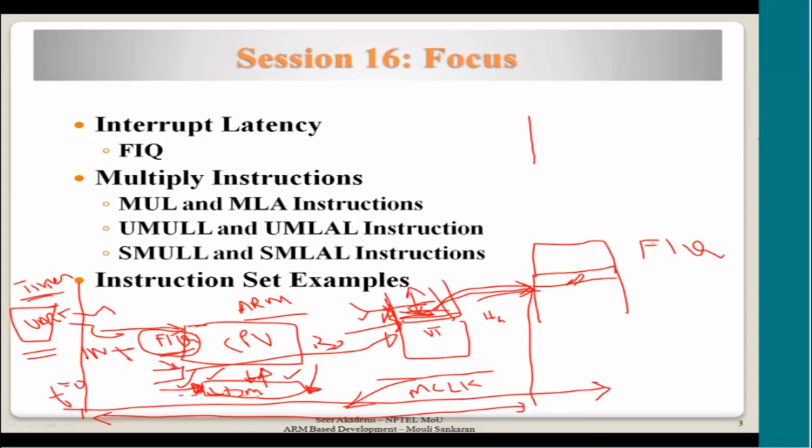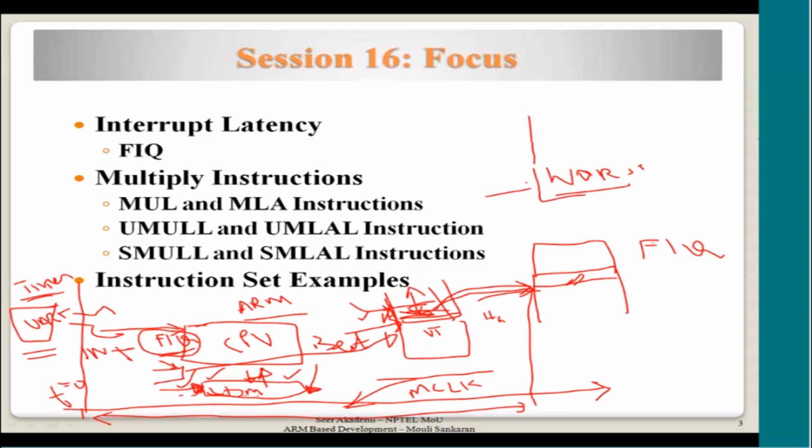But we are here to find out what is the worst case. Why are we interested in the worst case scenario? Because we are all embedded system engineers, so we are worried about the maximum time it would take for the processor to respond to an interrupt. We have to cater for that kind of scenario.